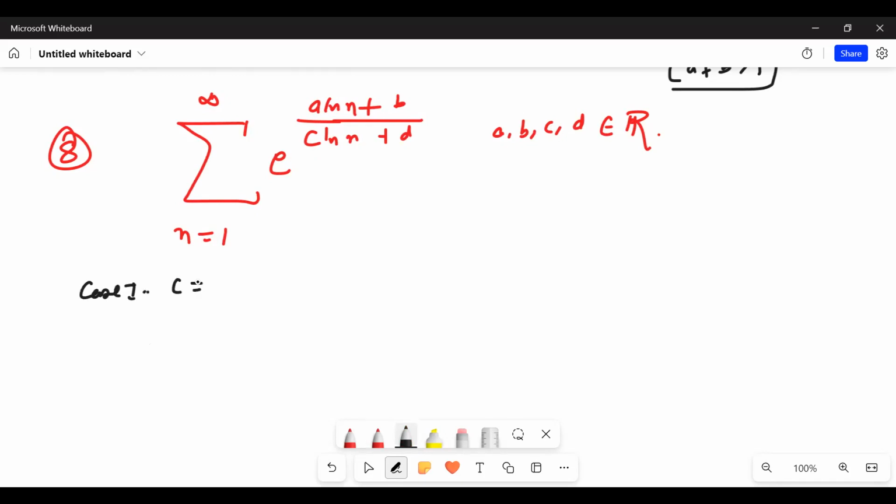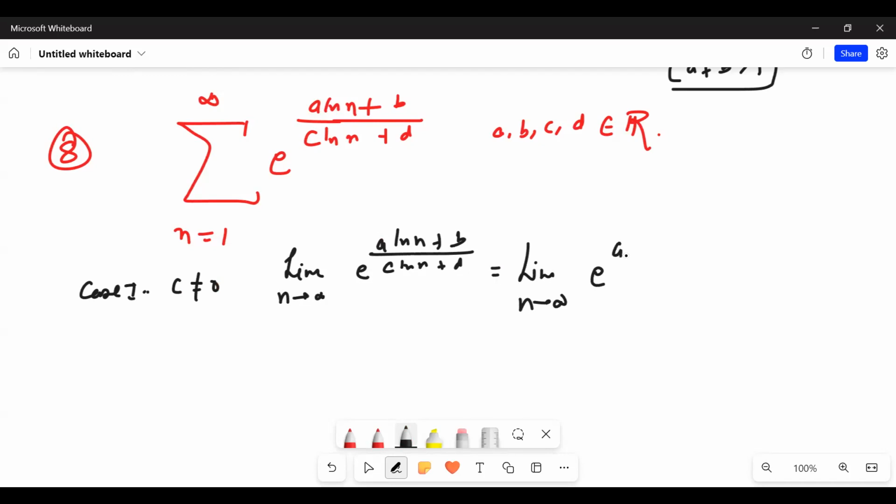If c is non-zero, because if c is 0, then this series could be different. Taking the case where c is non-zero, just think about this. The limit as n tends to infinity of e raised to power of a ln n plus b upon c ln n plus d can be written as limit n tends to infinity e raised to power a plus b upon ln n over c plus d upon ln n.